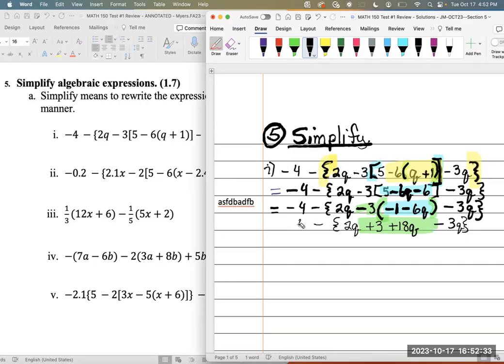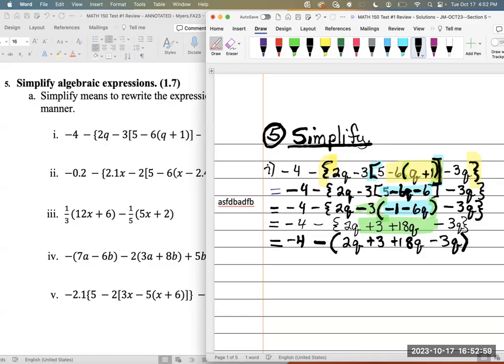I highly and strongly recommend you do so because each line should be telling the same story and be the same equation as the line above it. So this is -4 minus the quantity. Now I have no more parentheses. I just have 2q plus 3 plus 18q minus 3q.